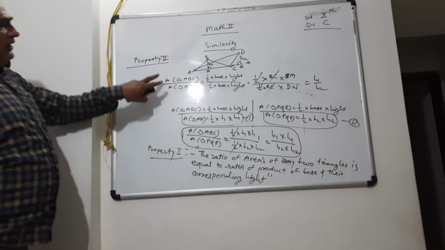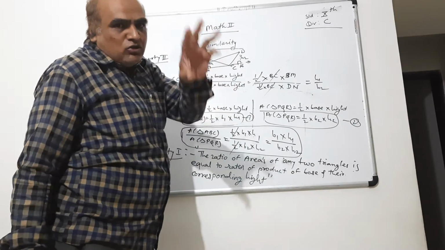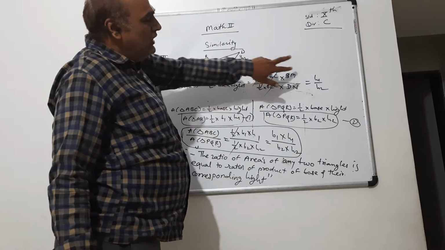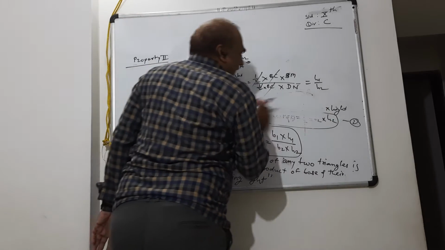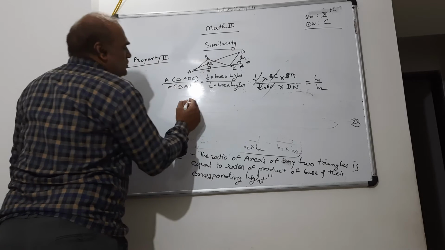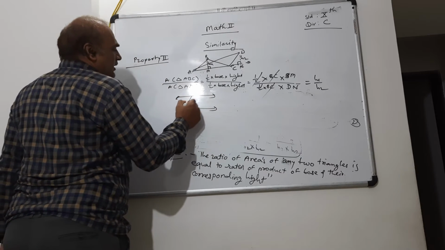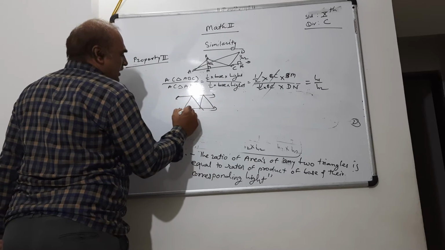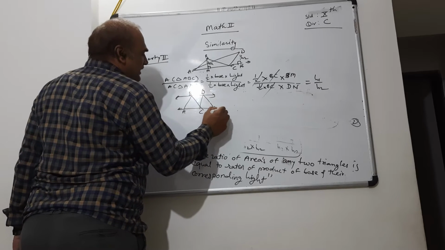Now BC gets cancelled, half gets cancelled, BM upon DN, that is H1 upon H2. We got the second relation, the second property: the ratio of areas of two triangles having a common or equal base is equal to the ratio of their corresponding heights. And now the third. Suppose these two lines are parallel and in between them there are two triangles, triangle ABC and triangle CDE.